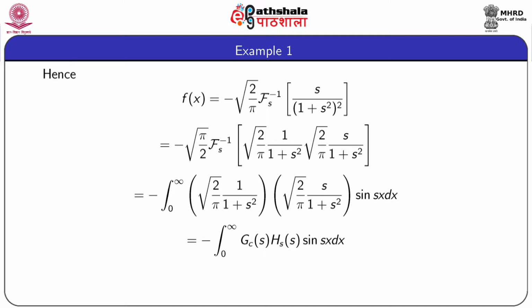and that is equal to, if we take the Fourier sine inverse knowing the definition, this gives minus integral 0 to infinity root over 2 by pi 1 by 1 plus s square into root over 2 by pi s by 1 plus s square into sine s x dx.